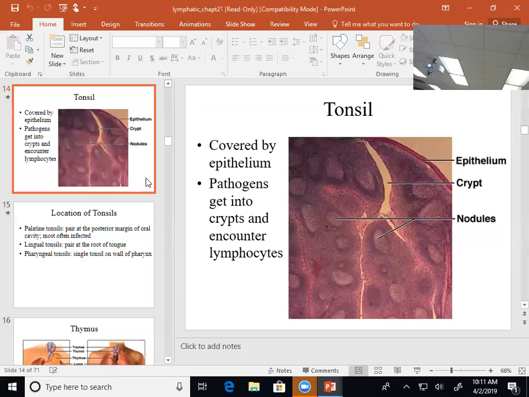What does that mean? Now instead of protecting you, which they're still trying to do, because the crypts have gotten so large, instead of catching and destroying, they're harboring microbes. You get what I'm saying? So now they're actually more of a problem than a help.